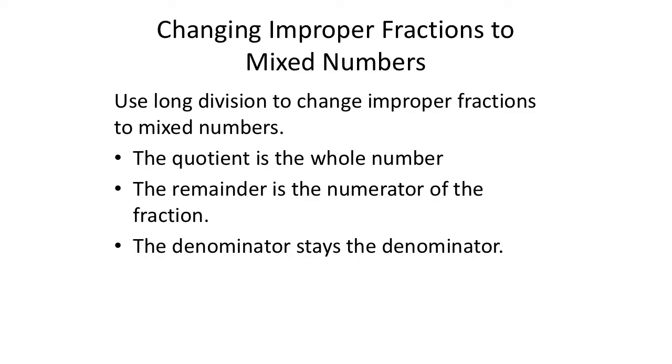Now, at the end of a problem, after performing the operation of multiplication or division, there could be some simplification, but usually not when we're changing improper fractions to mixed numbers. If it could be simplified, then you could just look at the improper fraction and simplify it there. That's not required, but some students prefer to do it, which is why I'm going over it.